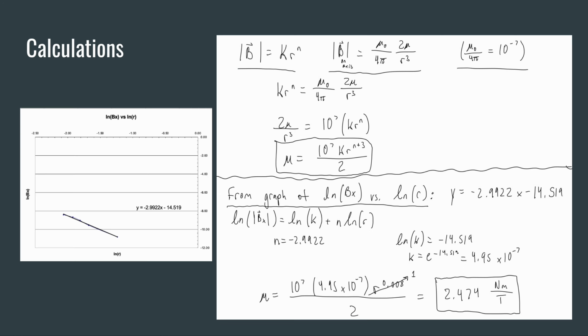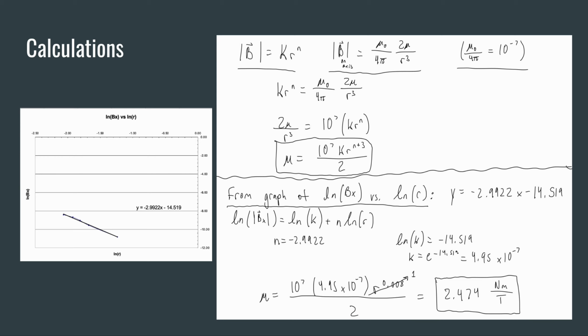So some of the most significant calculations in this experiment: we use the equation B is equal to k times r to the n, and equated that to the magnetic field of a dipole on axis, and using that we found that the magnetic dipole moment is equal to 10 to the 7th times k r to the n plus 3 power over 2.